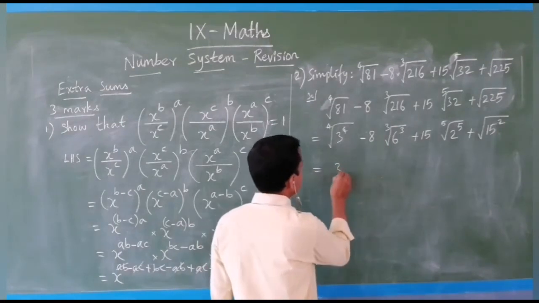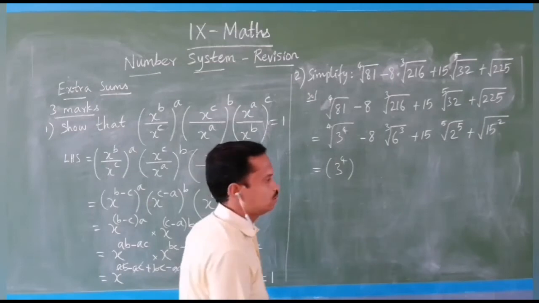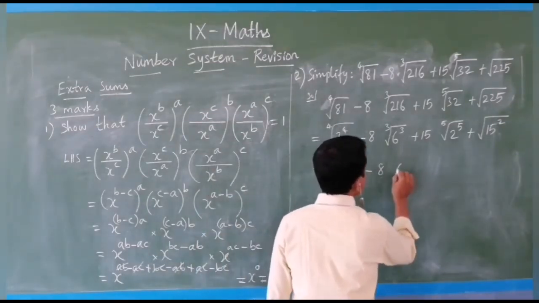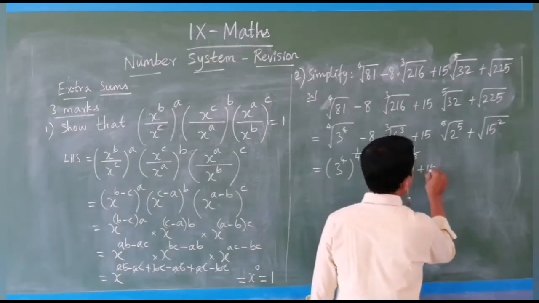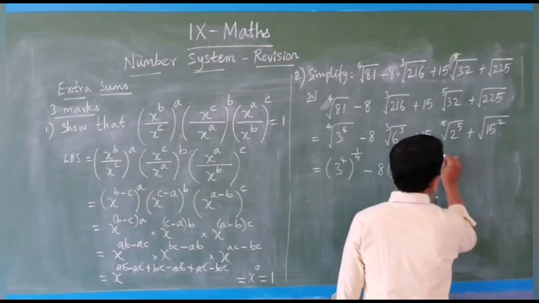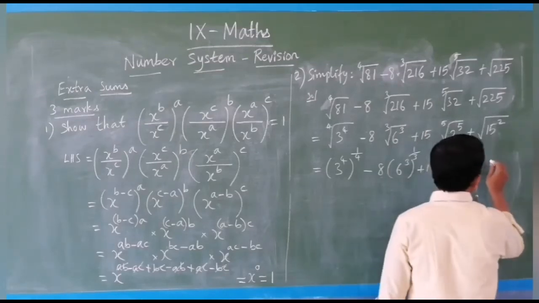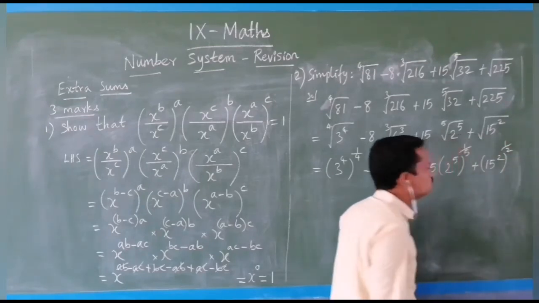So now we can write this in exponent form by removing the root: (3^4) to the power 1 by 4, minus 8 into (6^3) whole to the power 1 by 3, plus 15 into (2^5) whole to the power 1 by 5, plus (15^2) whole to the power 1 by 2.